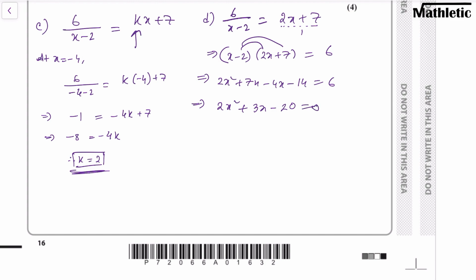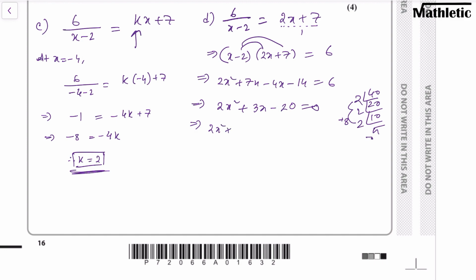If we need to factorize this using the middle term method, 2 into 20 is 40. We need to use a combination whose result is 3: 2 into 4 is 8, and 8 and 5 gives us 3. So I will be using positive 8 and negative 5.